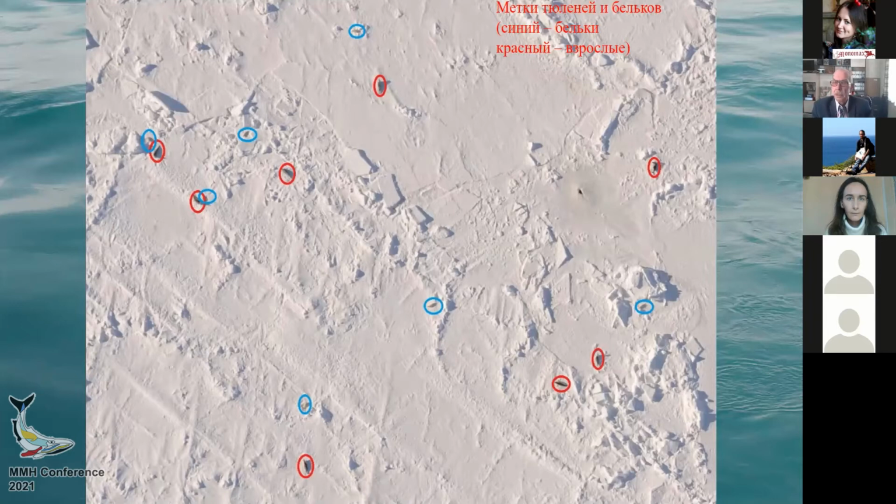We used multispectral methods of aerial photography and photographic processing. So we took pictures in the visual range, but also in the infrared range. And then by applying both photographs on top of each other, we could identify whether a specific spot is a young seal or some kind of an unevenness on the snow.